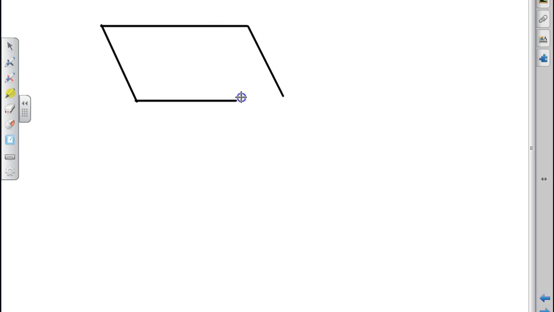All right, is this one a parallelogram? Oops. All right, is this a parallelogram?